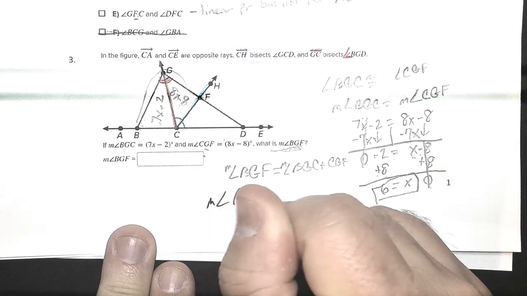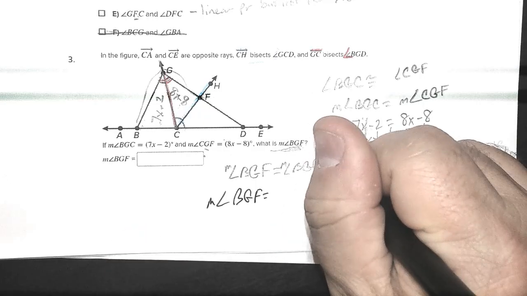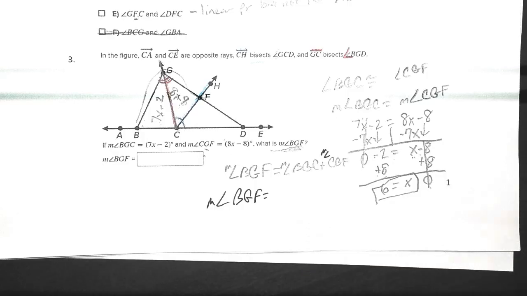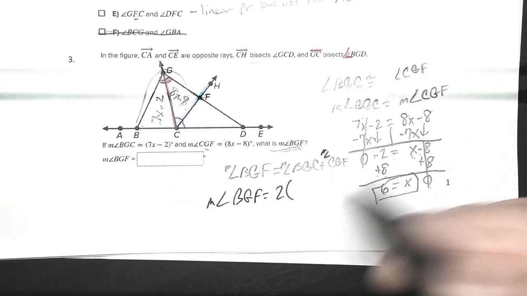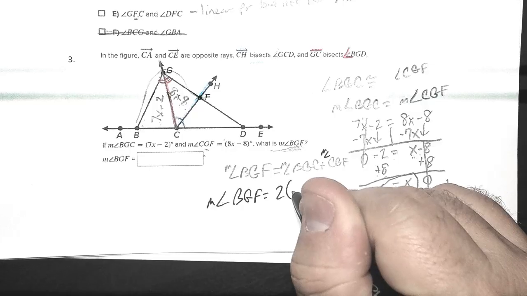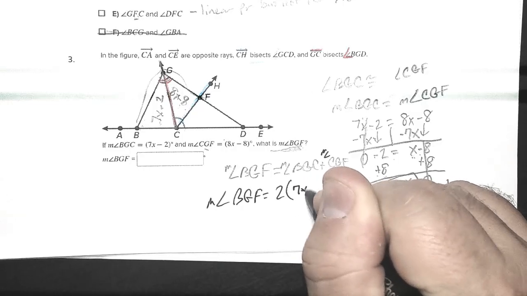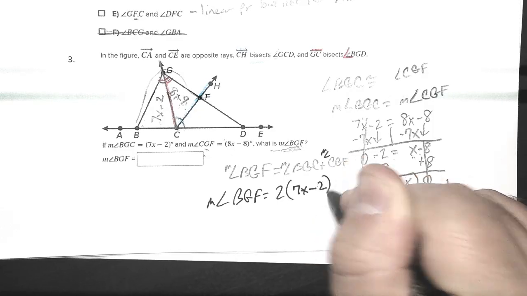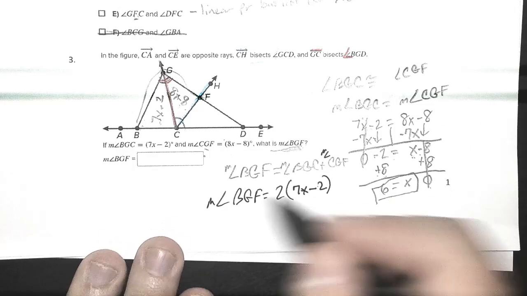The measure of angle BGF equals the measure of both of these angles, but it also equals 2 times the measure of either one of these angles. So 2 times 7x minus 2. Actually, let me write this over here.